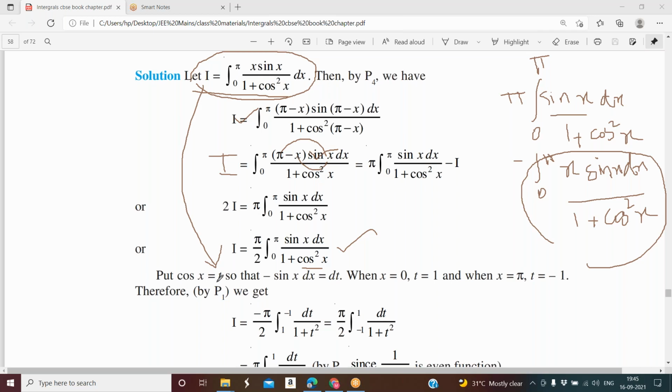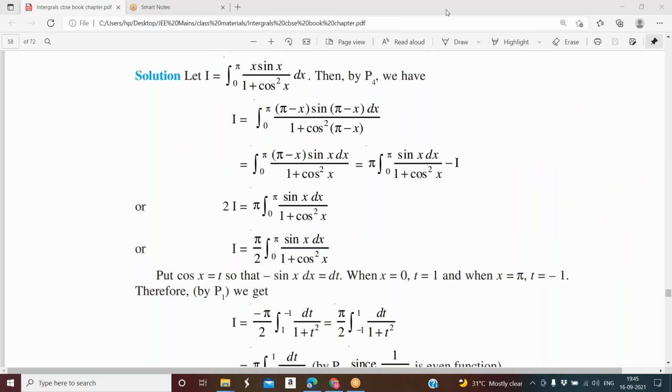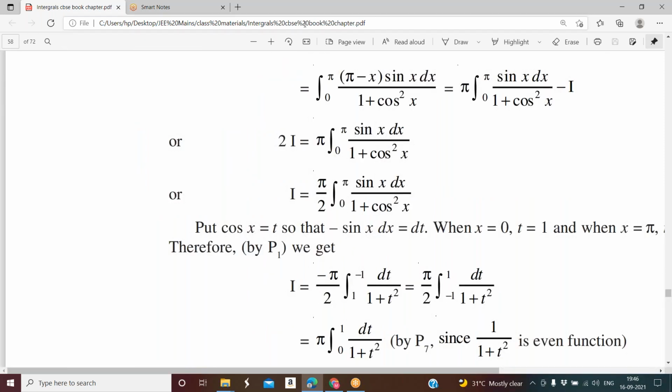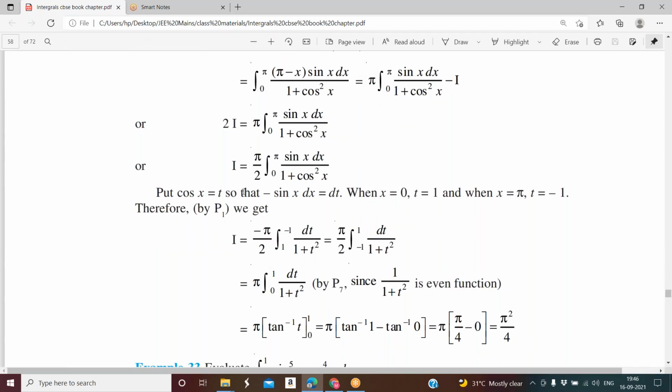The differentiation of cos x is minus sin x, so minus sin x dx equals dt.